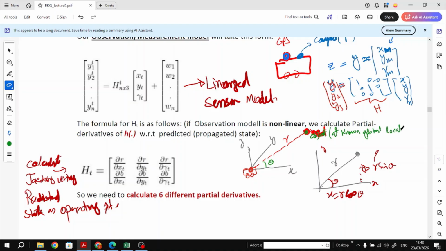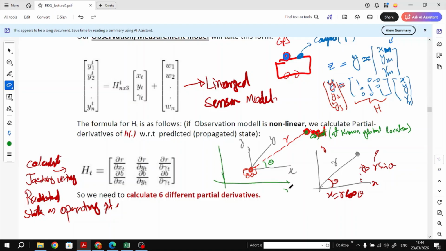If you observe an object at a known location, a known global position in a global map, for example, then you can calculate what the position of my robot will be.